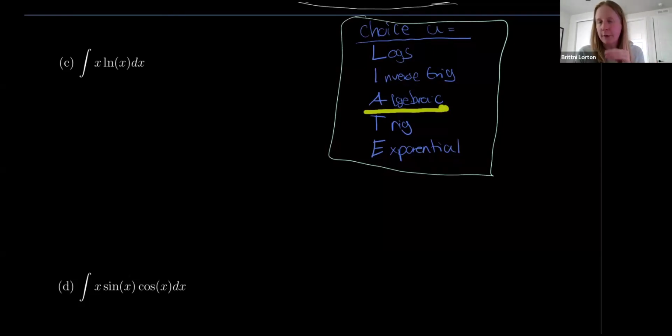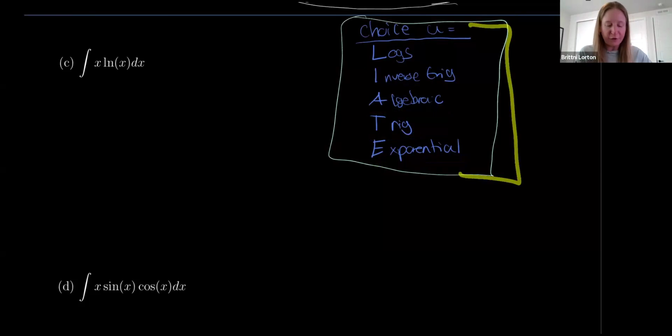That's what we mean by algebraic. If I have an algebraic, that would be my u. If not, then I move on to trig, and if I had a trig, that would be my u. If not, I would move on. So exponential is the last choice for u. You only do that if you have no other choices. You don't really want u equal to e to the x. That's never going to help you. So this is always going to be my choice for u.